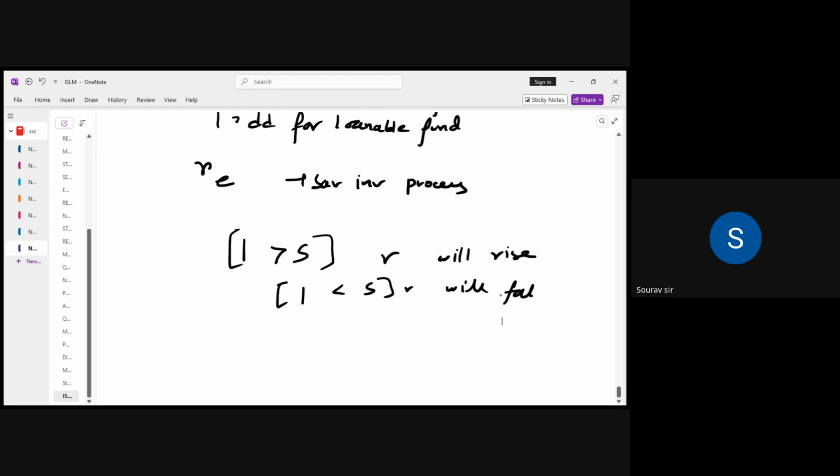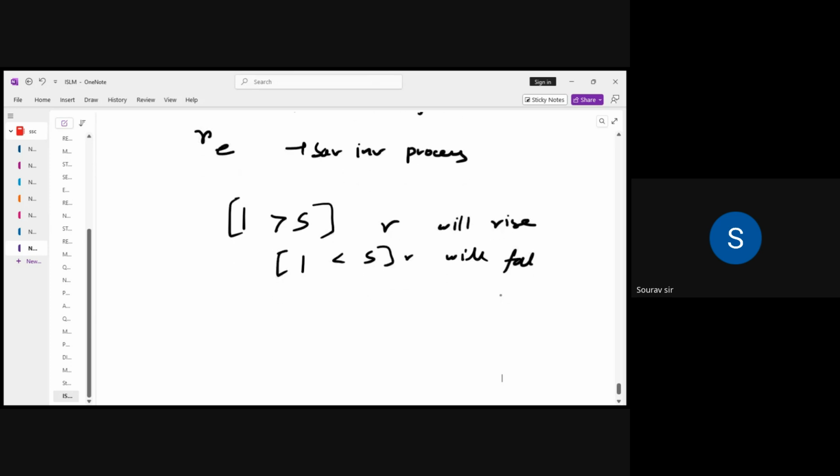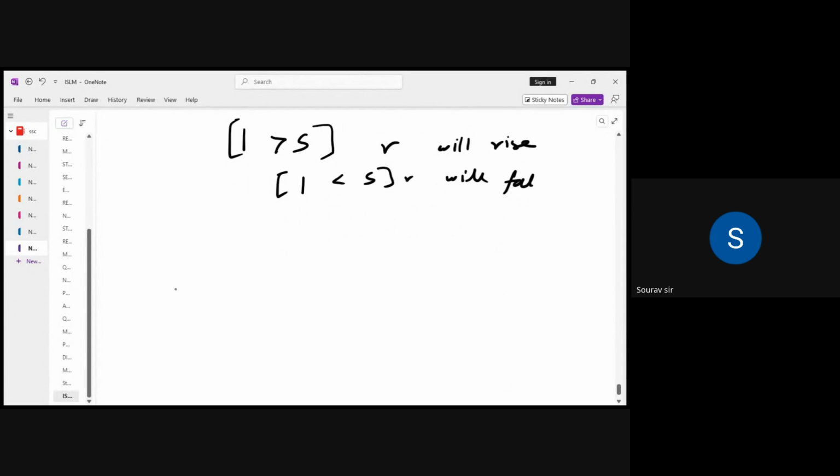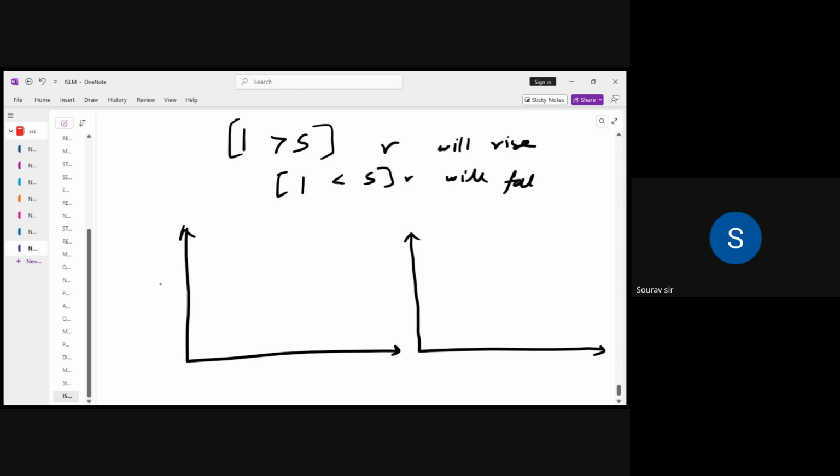When income rises, say from Y1 to Y2, we have to draw the diagrams side by side. This is equilibrium in the market for loanable funds, and this is the IS curve.